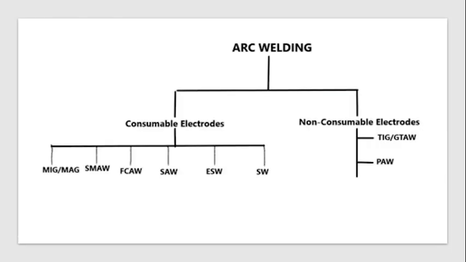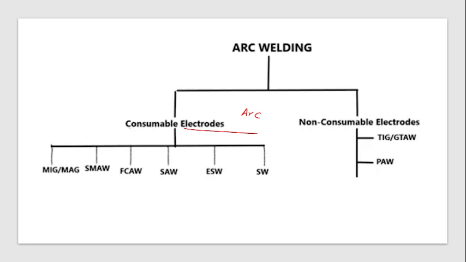Now, arc welding is divided into two categories. One is consumable electrode and second is non-consumable electrode. What is happening here? We use our electrode to produce an arc. In simple terms, we can say arc is heat, so we are producing it with the help of the electrode.